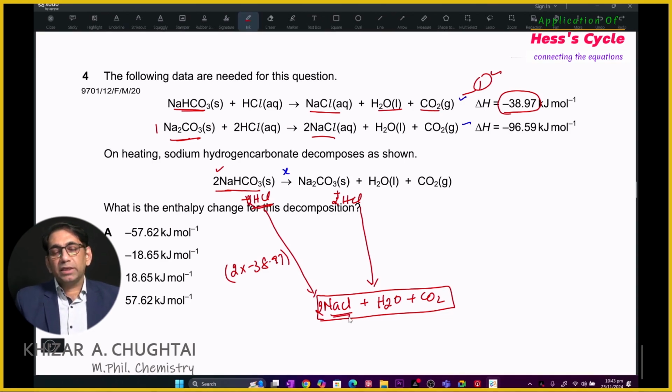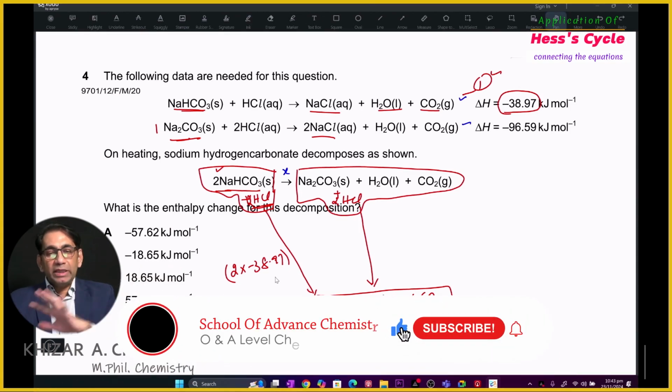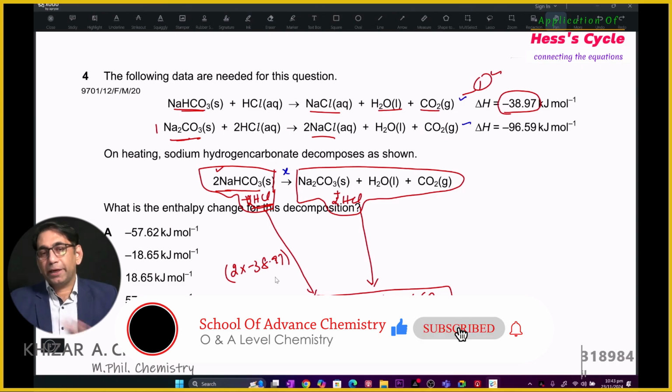So 2 NaCl, H2O, yes, and CO2 from CO3. So now the whole route, I'm going to change them into the boxes. These all 3 boxes are balanced. In all these 3 boxes, the atoms are balanced.